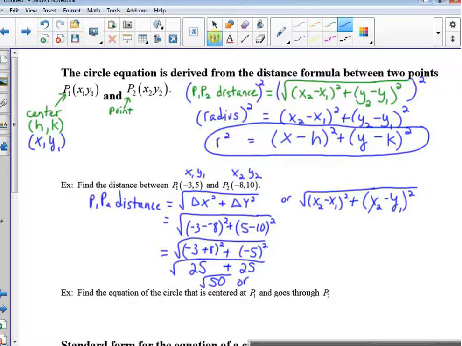Or we could say that it's 5 radical 2, square root of 25 and 2. All right, so that's your distance for P1 to P2, which would be your radius.